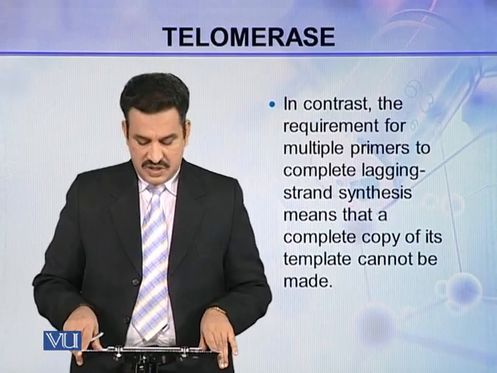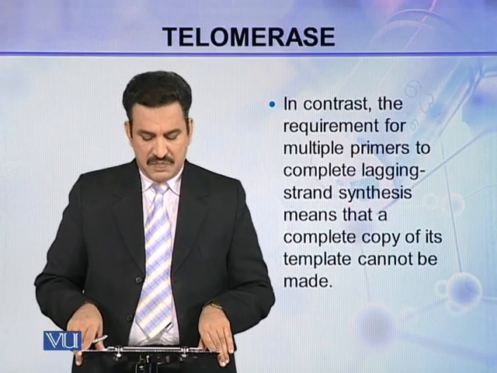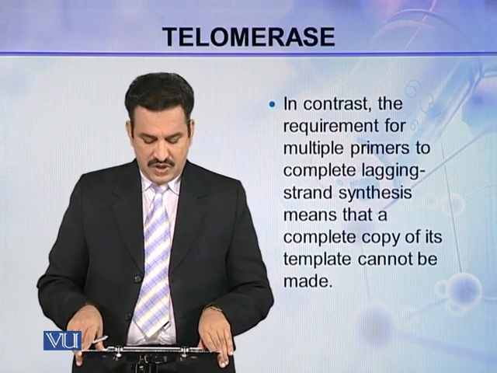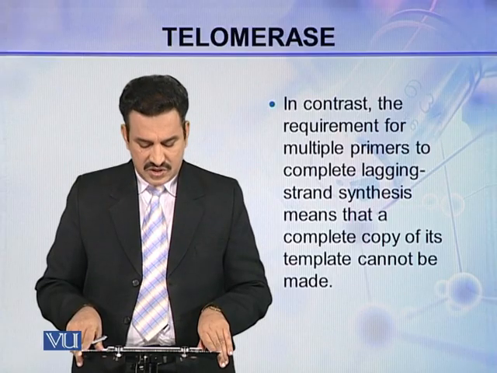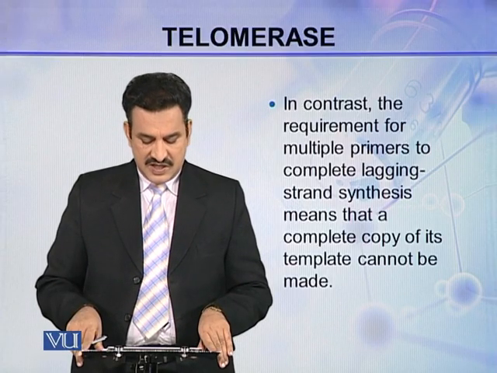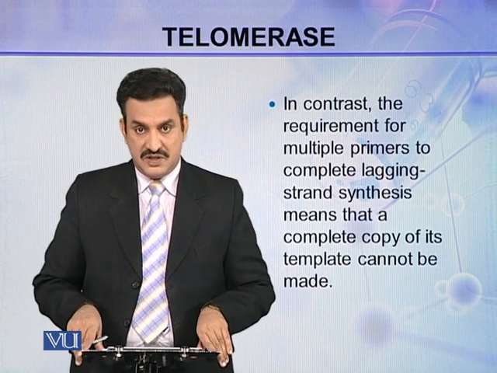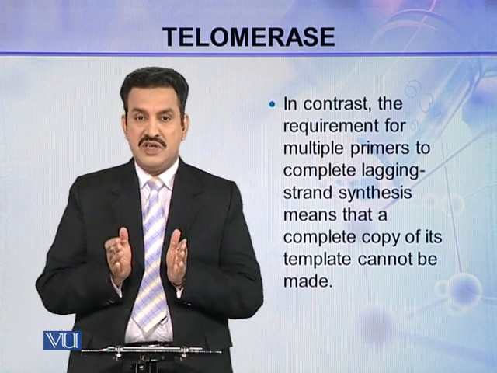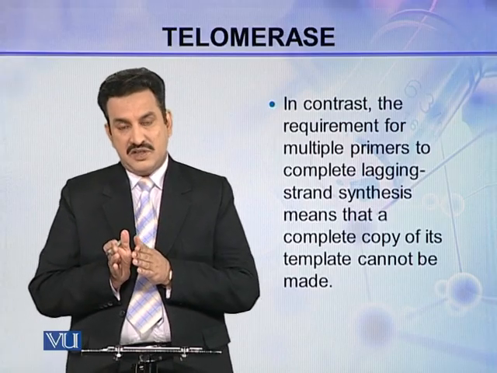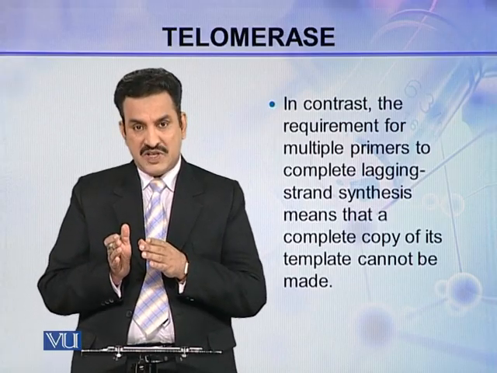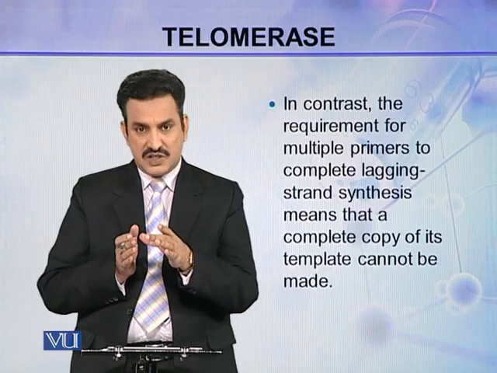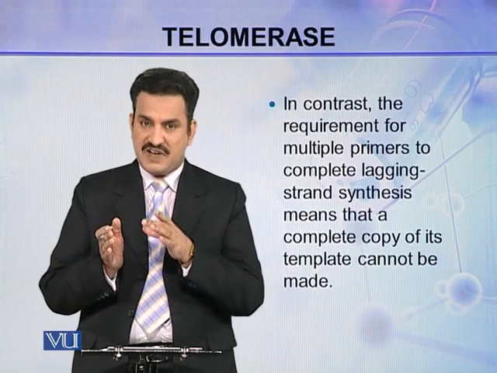In contrast, the requirement for multiple primers to complete lagging strand synthesis means that a complete copy of its template cannot be made. Along the lagging strand, the synthesis takes place in the form of fragments called Okazaki fragments.